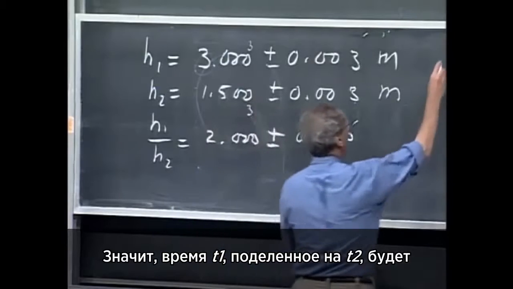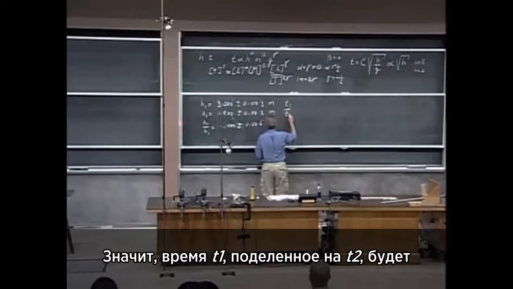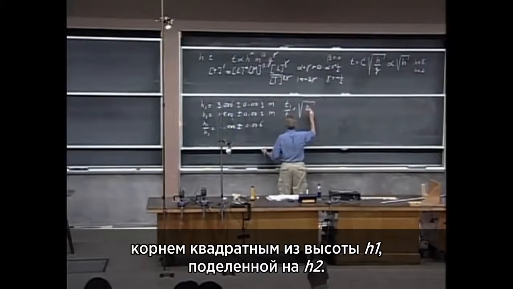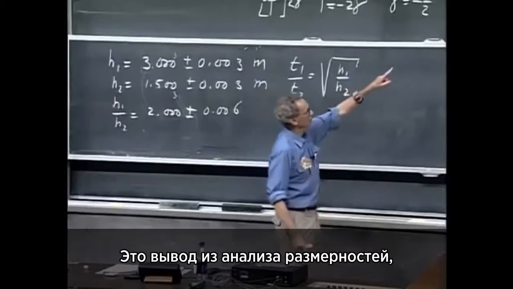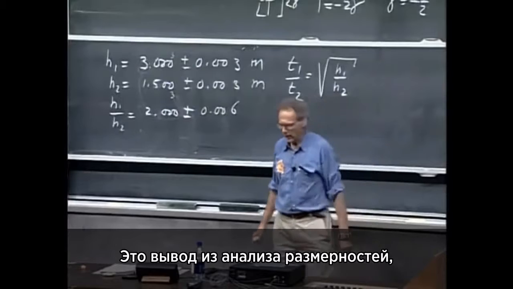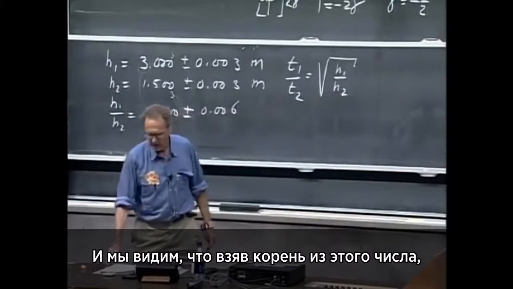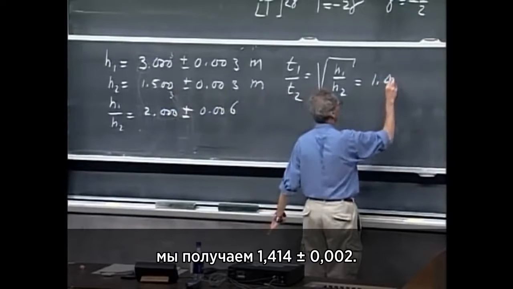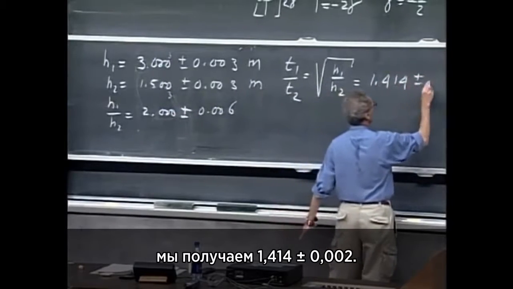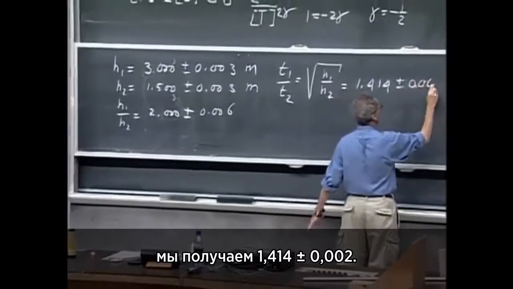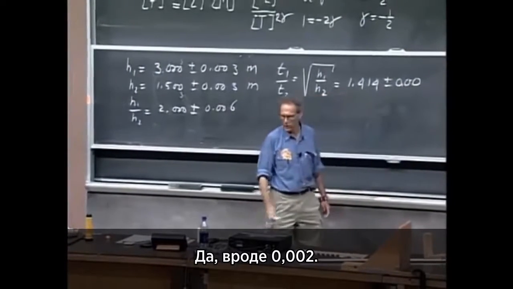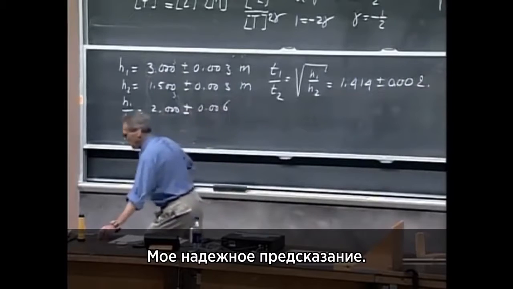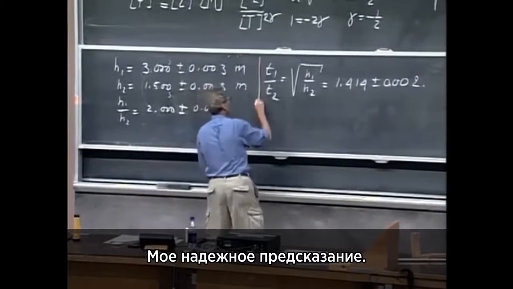And so the time t1 divided by t2 would be the square root of h1 divided by h2. That is the dimensional analysis argument that we have there. And we find, if we take the square root of this number, we find 1.414 plus or minus 0.0, and I think that is a 2. That is correct. So here is a firm prediction.